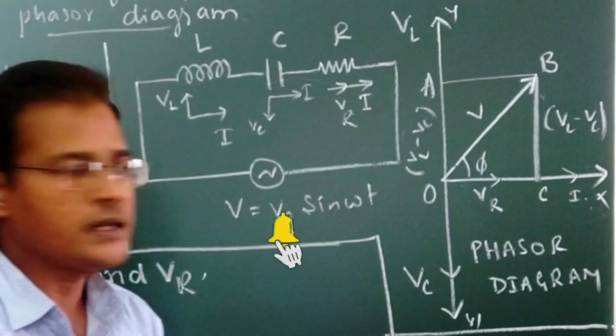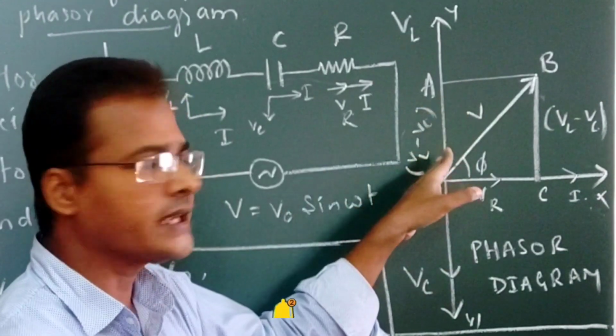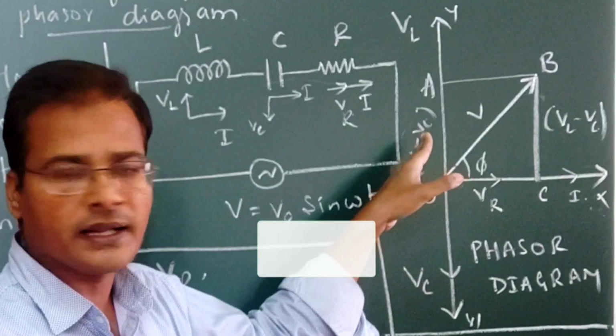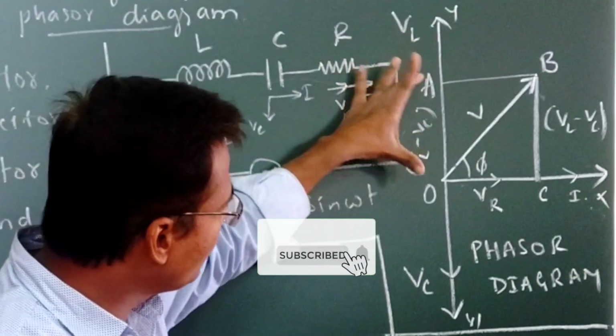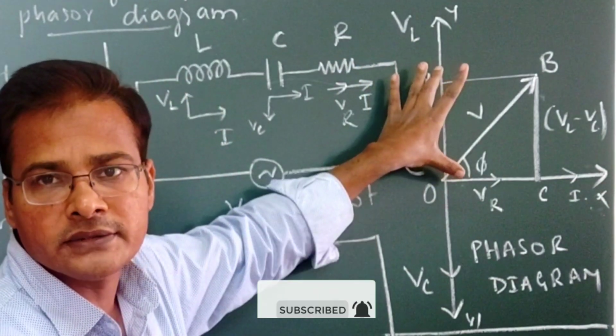As we know, it is a negative sign, so we get a negative vector. So VL minus VC is up to O2A.